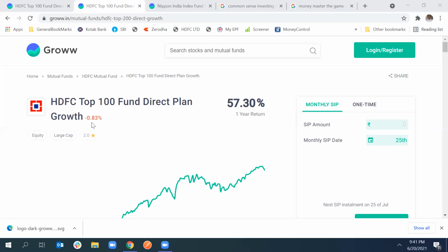What is growth? Let's say you have put 1,000 rupees, or 10,000 rupees, or 1 lakh rupees in this mutual fund. This is known as a scheme. What I'm highlighting is a scheme offered by HDFC AMC, Asset Management Company, and the scheme type is growth.